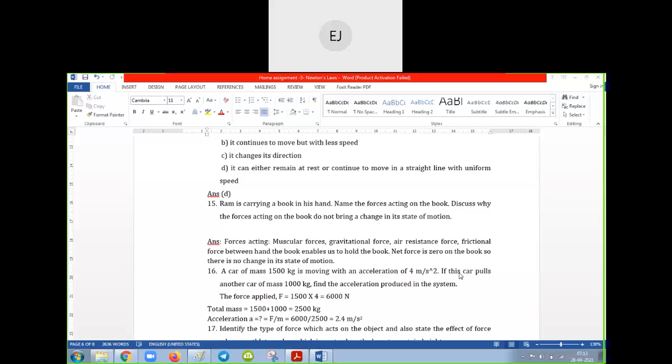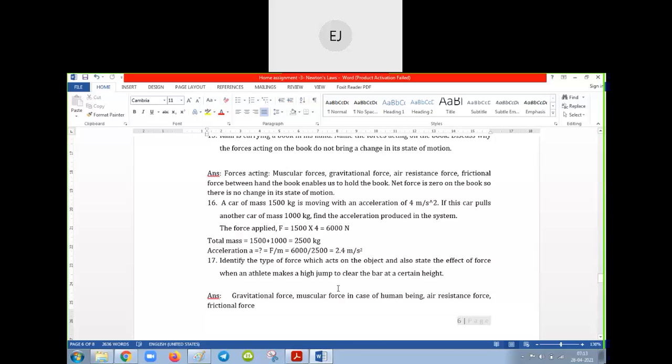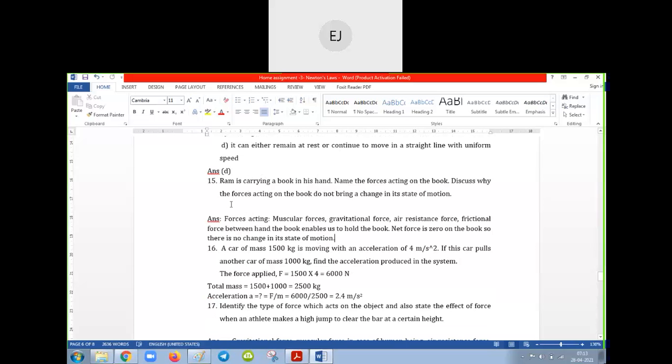If the net force were there, then there would be a change in state of motion. So all these forces are balanced, and that's why net force is zero.